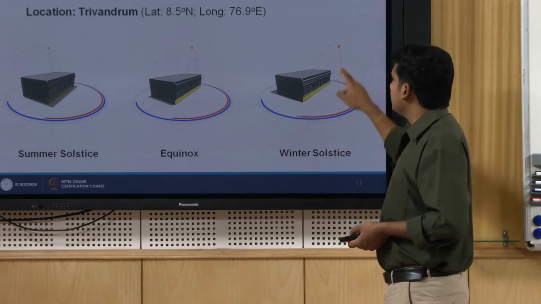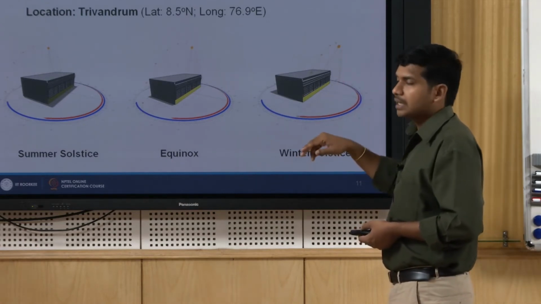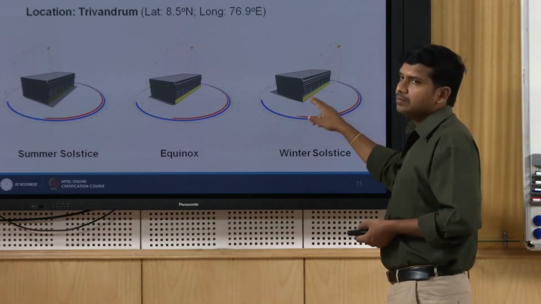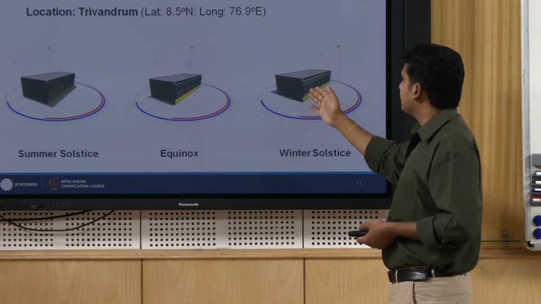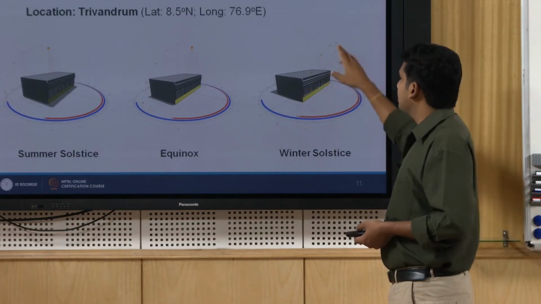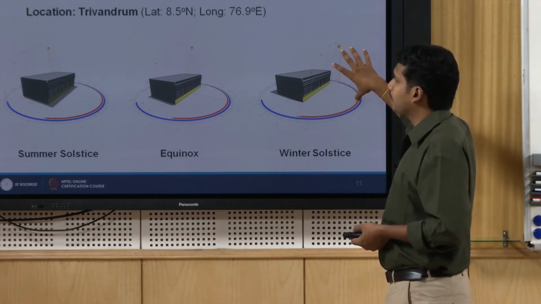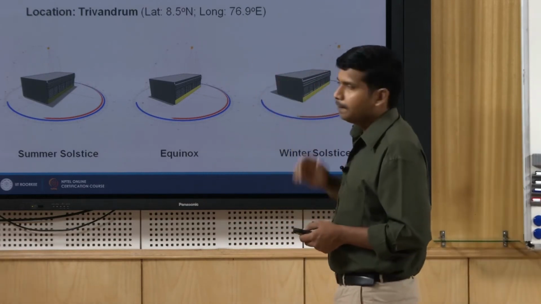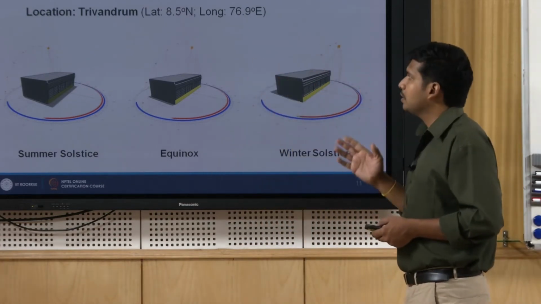For winter solstice, the altitude angle is not as low as in Srinagar, you do not get such a steep penetration of solar radiation, it is slightly higher. In all 3 cases, the altitude angle is much higher compared to Srinagar at 34 degrees.